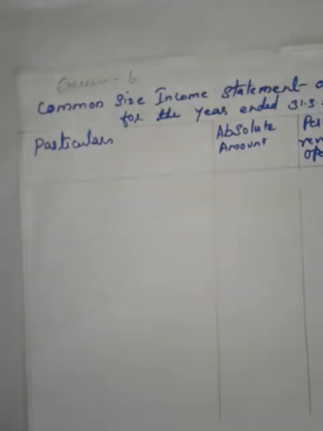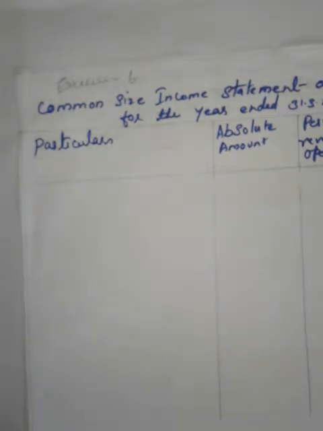Now we can do the sum. What are the particulars? Revenue from operation, other income and expenses are given in the question. First of all you have to write revenue from operation.